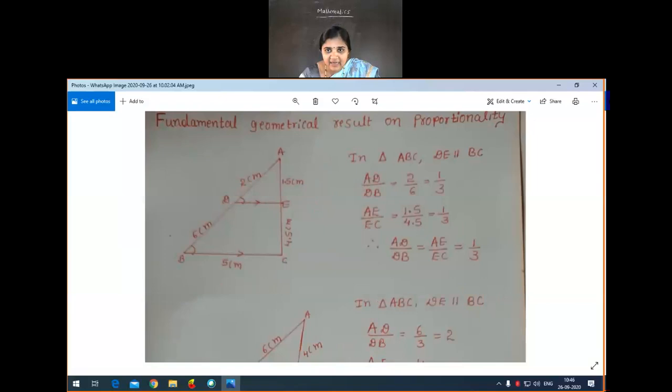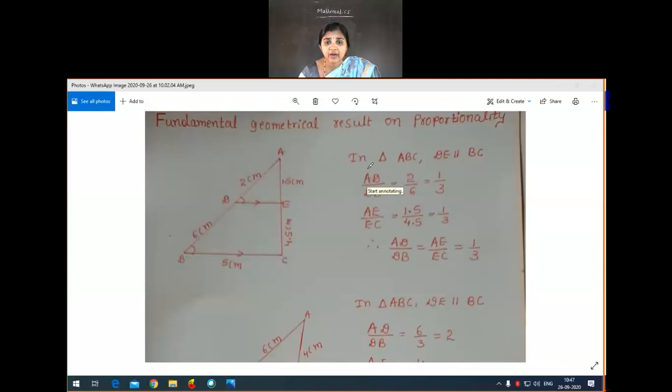One minute, I'll take a color. See, in triangle ABC, DE is parallel to BC. Here AD is 2 centimeter, DB is 6 centimeter, AE is 1.5 centimeter, and EC is 4.5 centimeter.